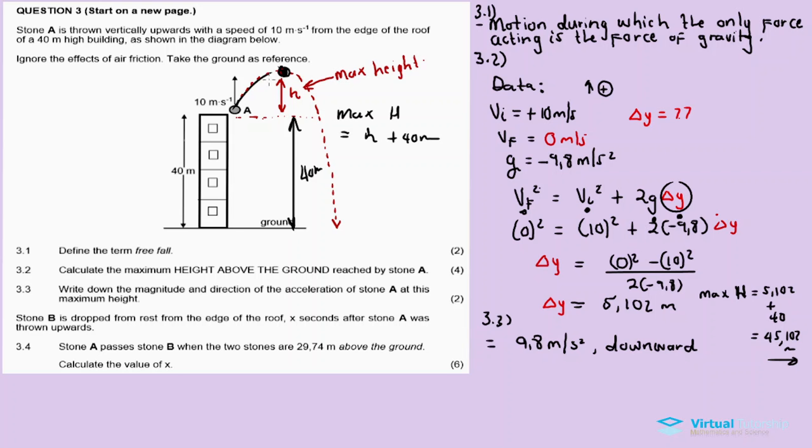After some time I drop stone B. So we want to calculate the time at which stone B was dropped, where stone A passes stone B when the two stones are 29.74 meters above the ground. Calculate the value of X.